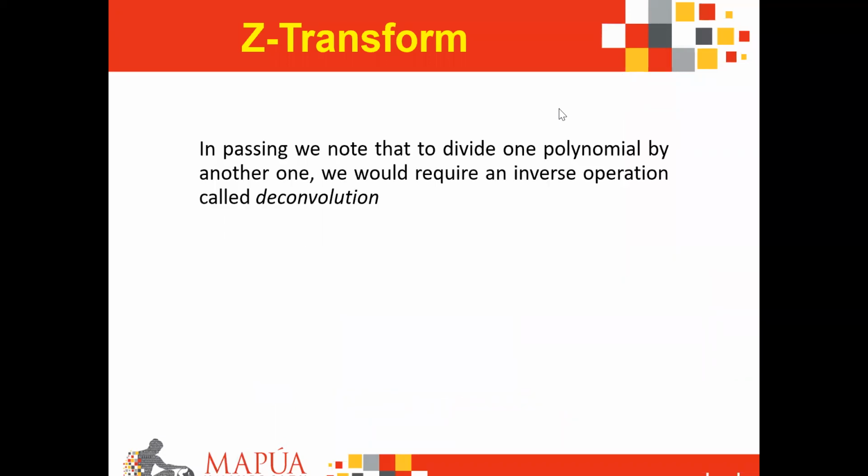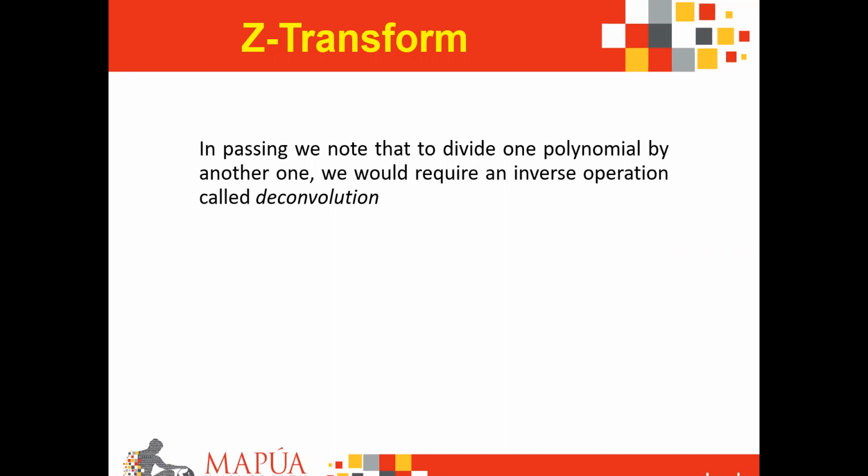Okay. In passing, you could also perform deconvolution, which is the inverse operation of convolution. You could do that also in MATLAB, there is also a command for that. The whole concept means dividing one polynomial by another polynomial.